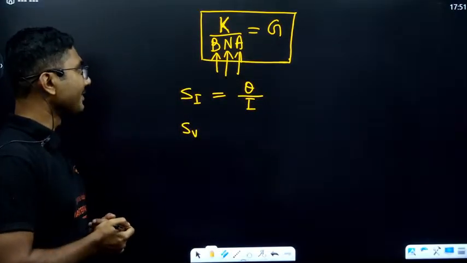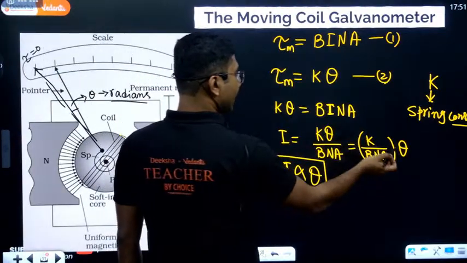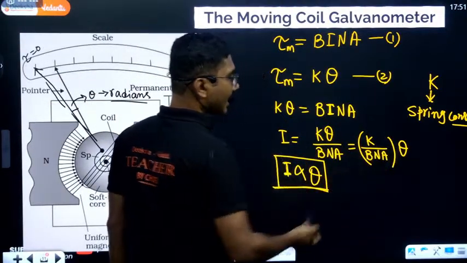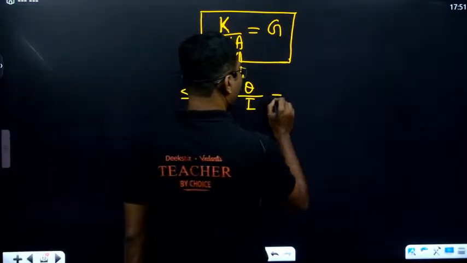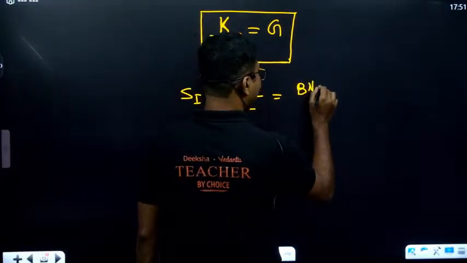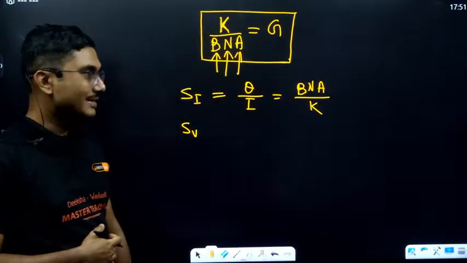Theta divided by I is actually BNA by K. This is the current sensitivity.